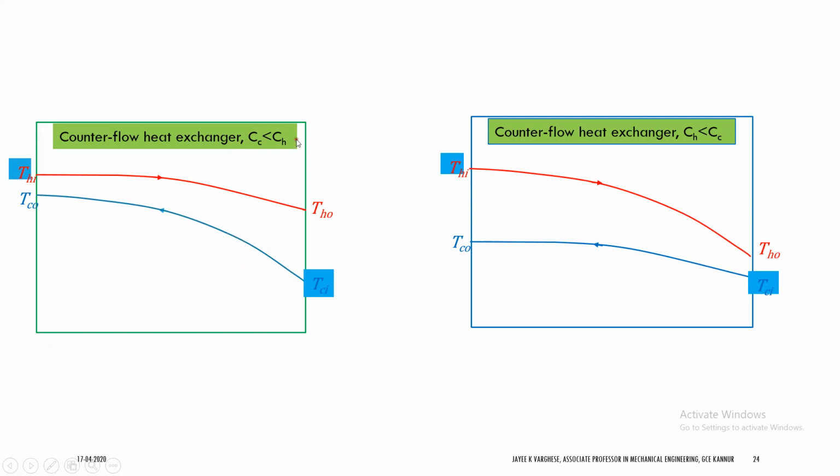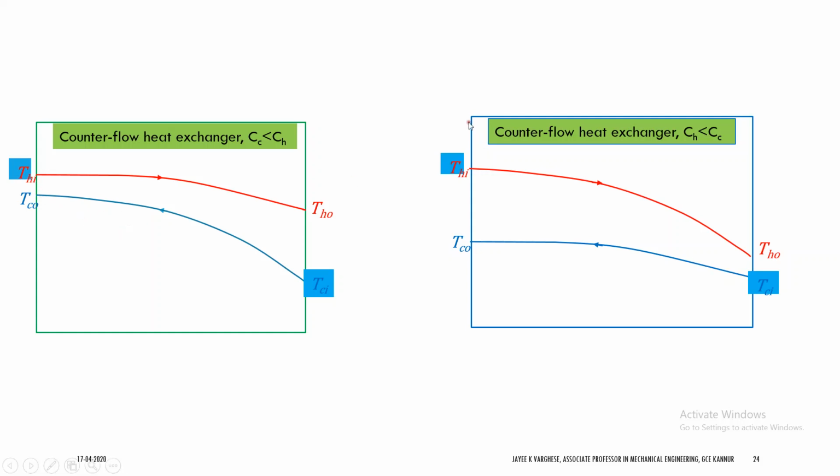So in this case, Cc is smaller than C hot. That means if you increase the length of the heat exchanger to infinity, eventually TCO will be increased to THI. This is the maximum temperature to which TCO can increase as a limiting case. So TCO will tend towards THI.